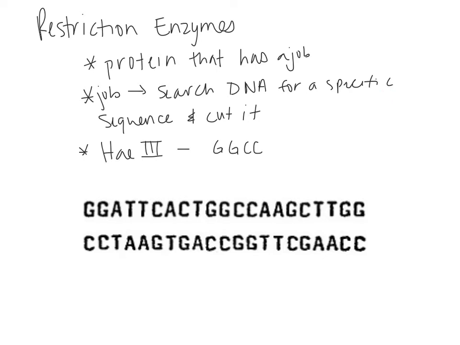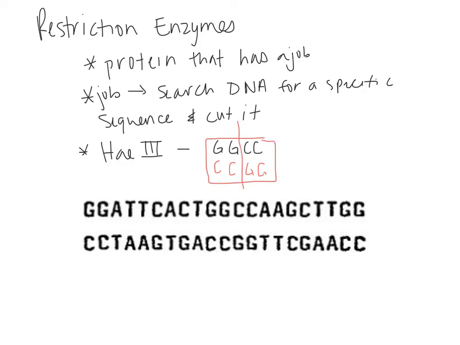So what we used when we were in class is the restriction enzyme HaeIII. We said it looks for the sequence GGCC. But when you look at GGCC, that's not double-sided DNA. It's just one side. So you have to fill in the other side. So it would be CCGG. So this is the sequence that we look for, and it cuts it right down the middle.